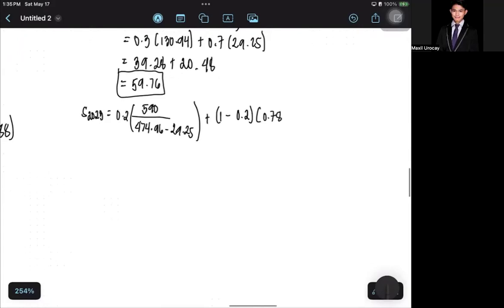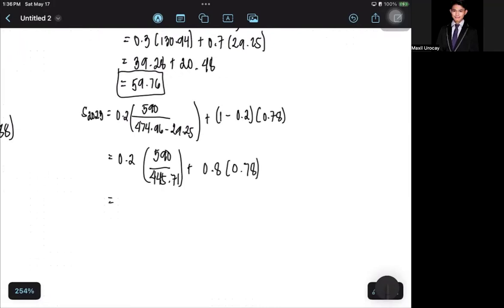So calculating this one, you will go first with the 590, with the denominator 474.96 minus the 29.25, and that will equate to 445.71. And the parameter will become 0.8, then calculate that with the 0.78.